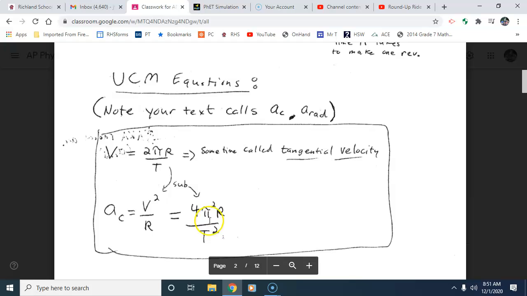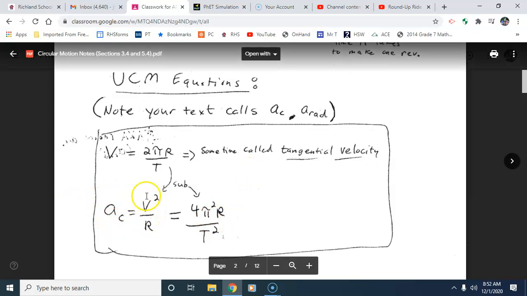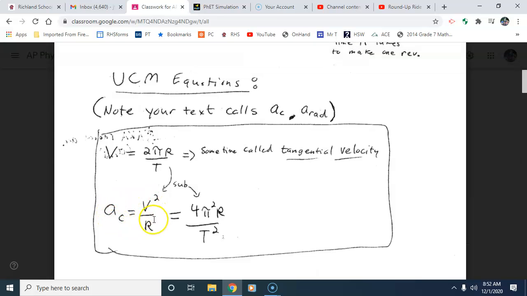At best, this would be an average centripetal acceleration. However, this centripetal acceleration formula right here is good for any given moment, assuming the v is good for that moment. So if we plugged in an instantaneous velocity, if the instantaneous velocity was 16 meters per second and plugged it in here, that would be at that moment's instantaneous centripetal acceleration.